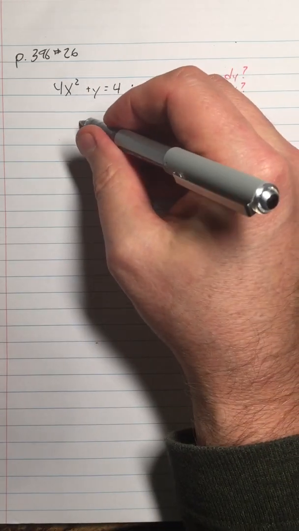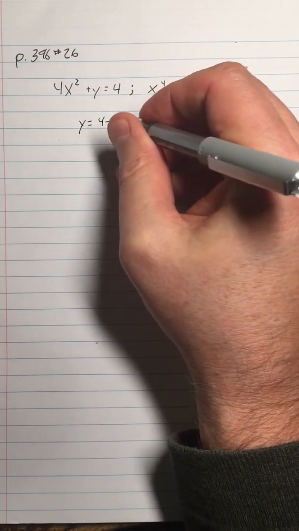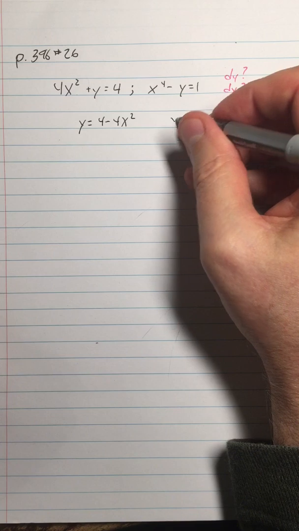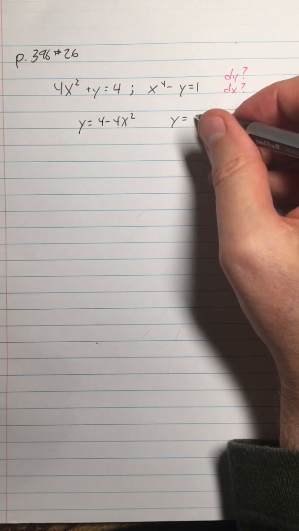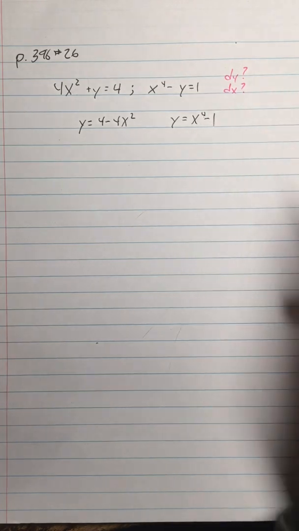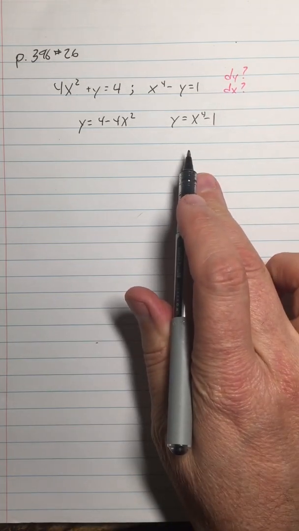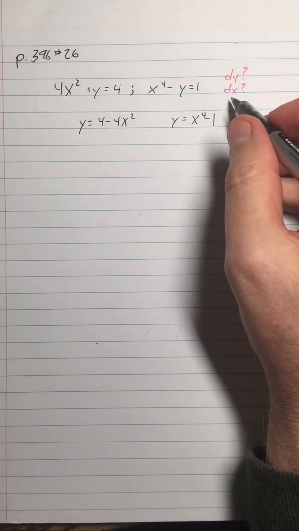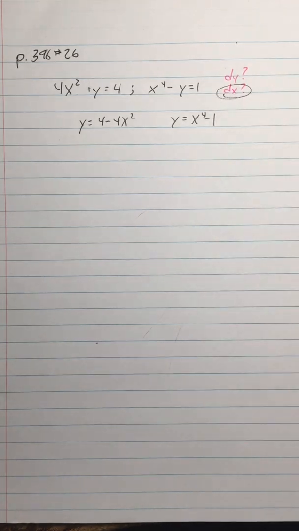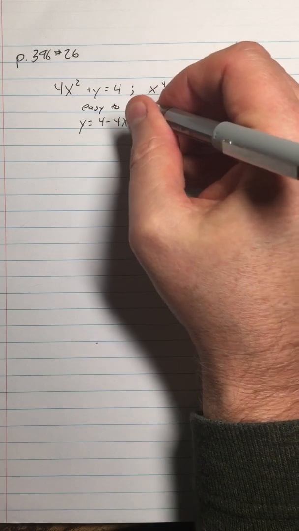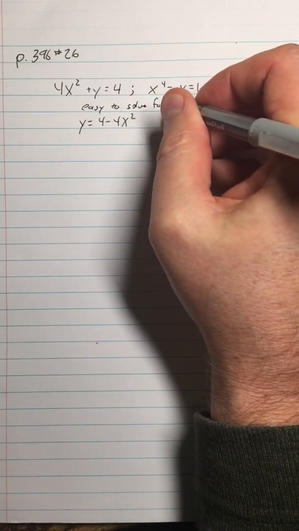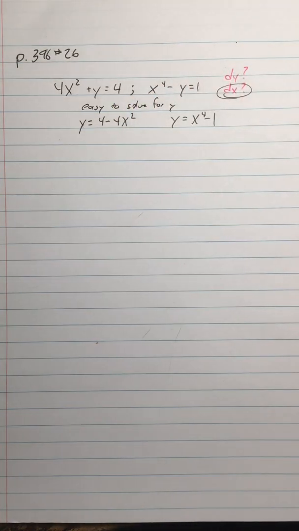So then I can just have y equals 4 minus 4x squared, and y equals x fourth minus 1, since we're dividing by -1. It's easiest to solve for y, therefore we're going to integrate with respect to x. But clearly you have to solve for one or the other here.